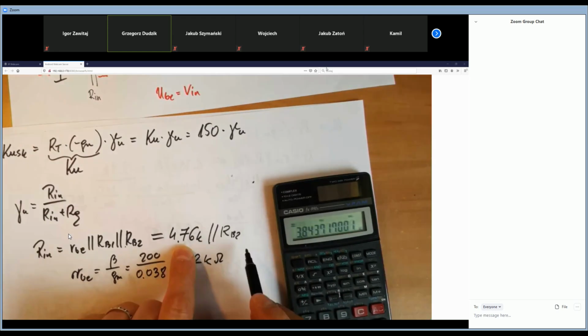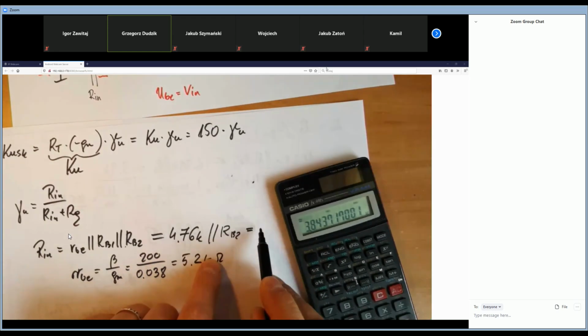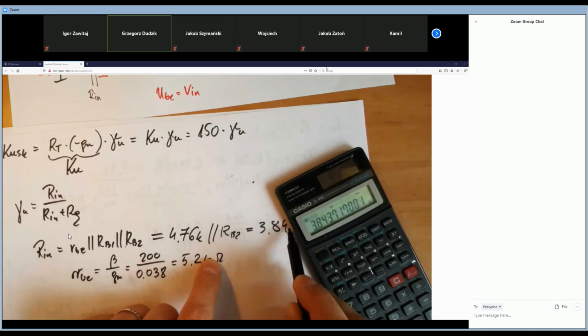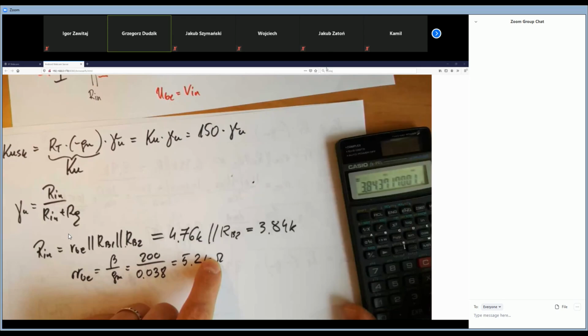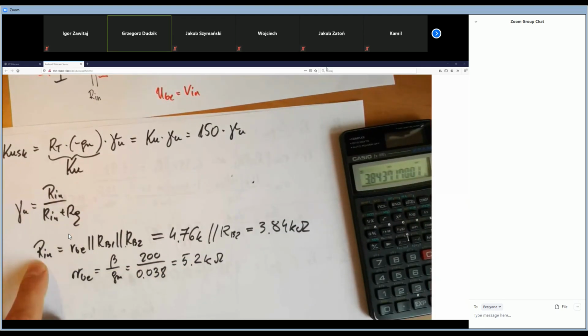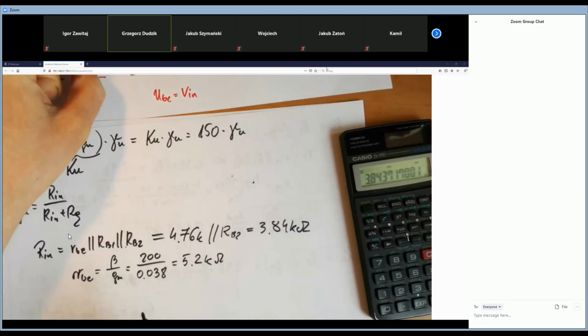So this is equal to 3.84 kilos. That is the input resistance of our amplifier, the value the signal which is coming to the input sees.